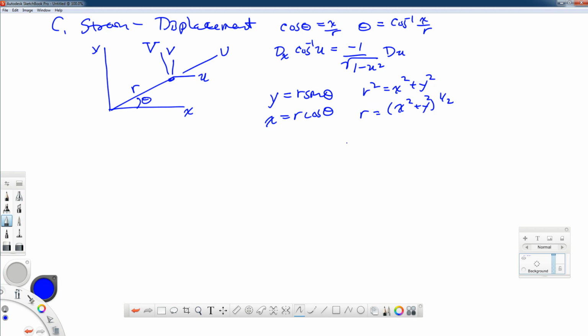And we're also going to use the partial derivative of r with respect to x. And that would be equal to 1/2 times 2x divided by x squared plus y squared to the 1/2 power. Let me make sure that's clear there.